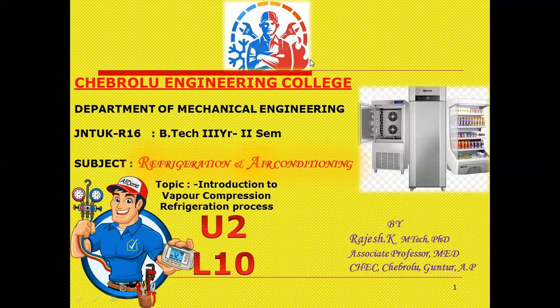Today in this class, we are discussing Unit 2, where we have some other refrigeration systems and also some of the PH and TS charts. The second unit is the vapor compression refrigeration system. So let's go into the class.